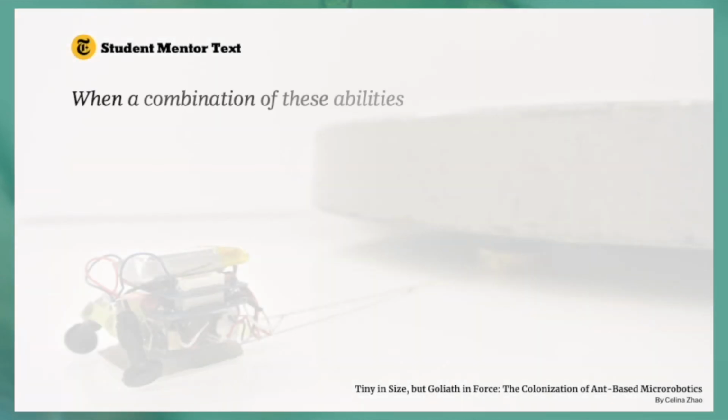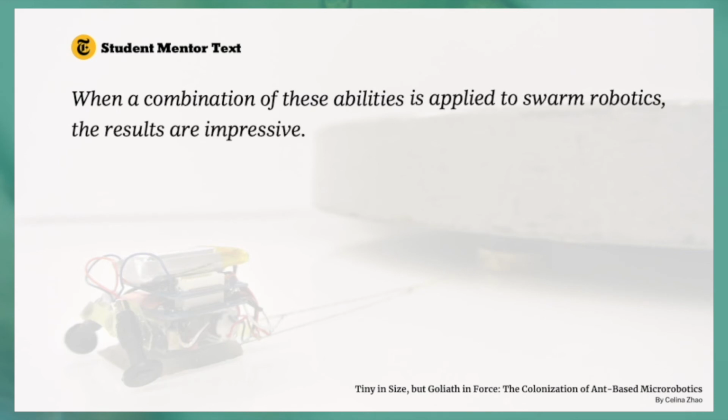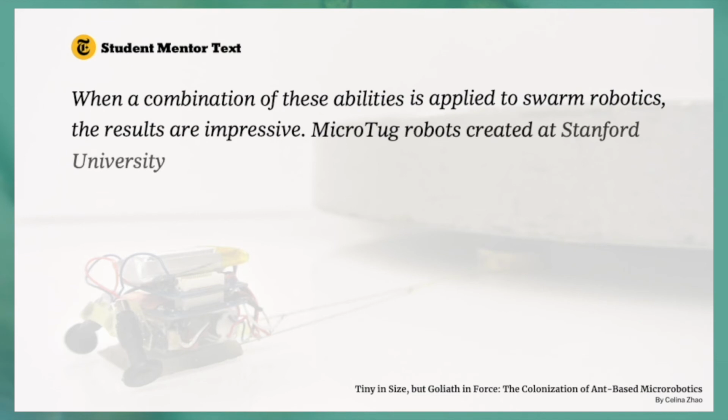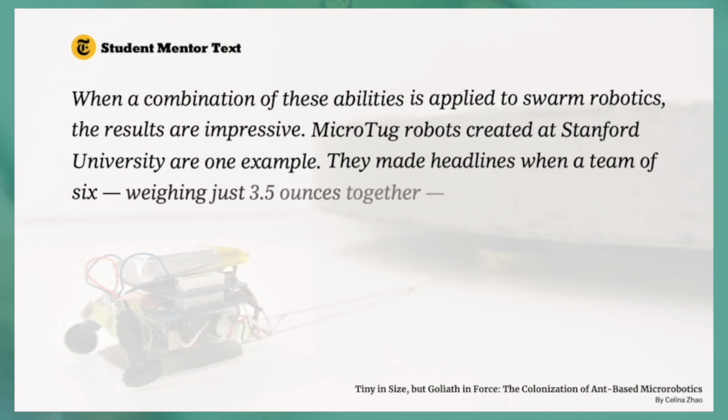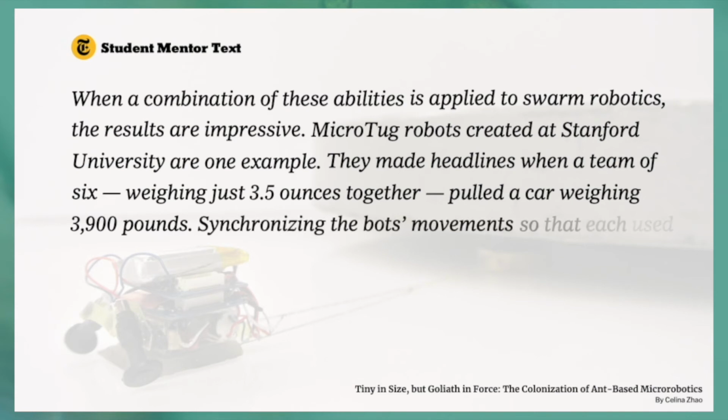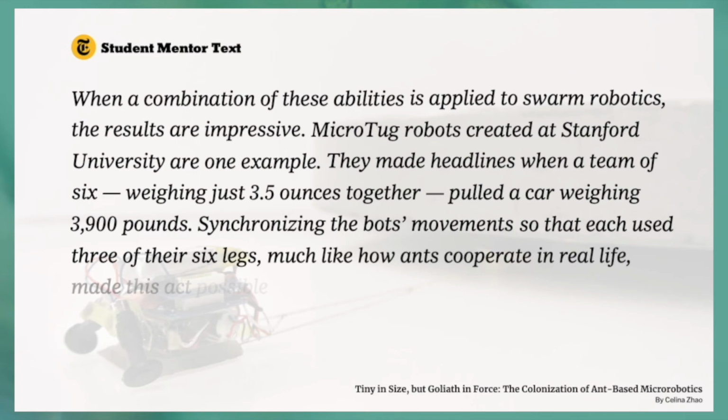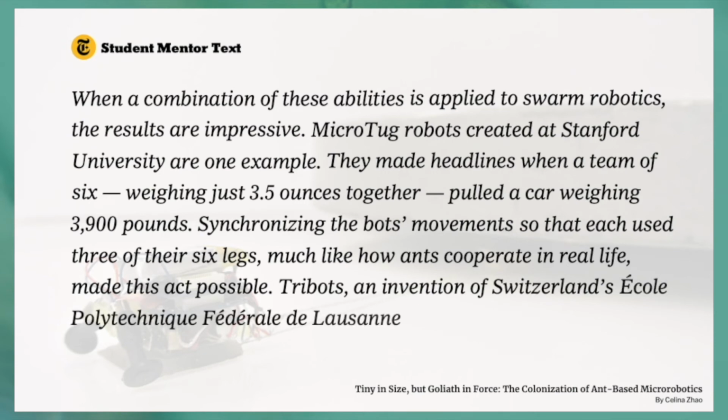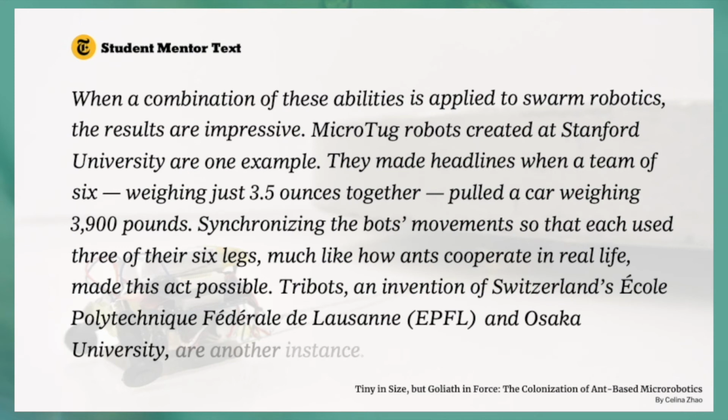When a combination of these abilities is applied to swarm robotics, the results are impressive. Microtug robots created at Stanford University are one example. They made headlines when a team of 6, weighing just 3.5 ounces together, pulled a car weighing 3,900 pounds. Synchronizing the bots' movements so that each used 3 of their 6 legs, much like how ants cooperate in real life, made this act possible. Tribots, an invention of Switzerland's École Polytechnique Fédérale de Lausanne, EPFL, and Osaka University are another instance.